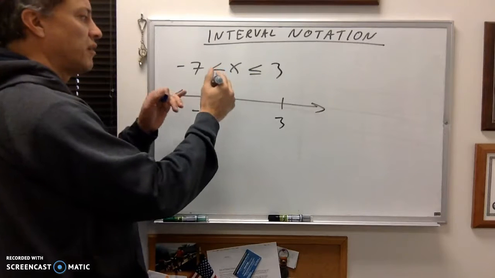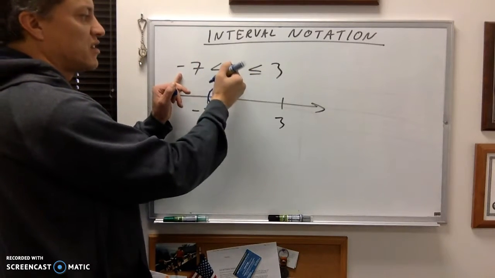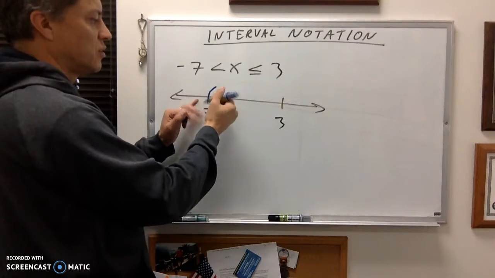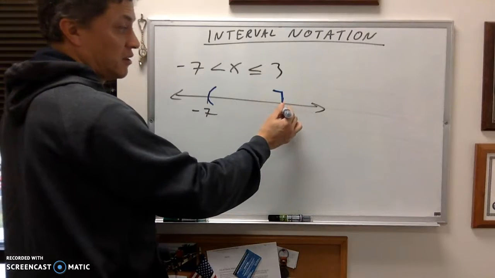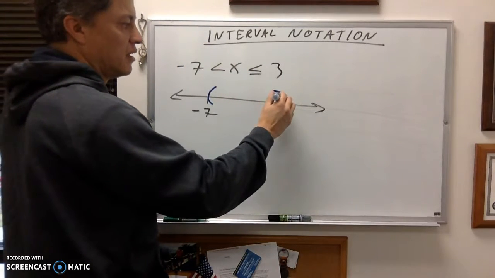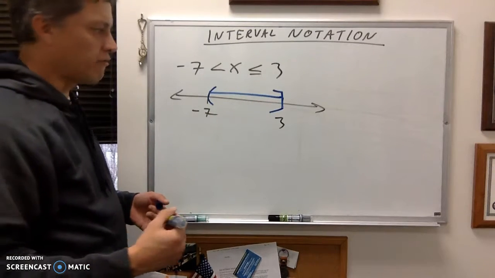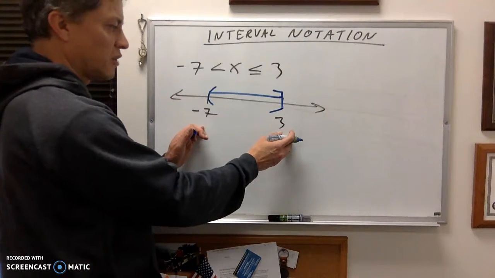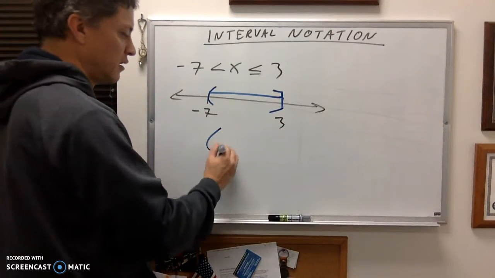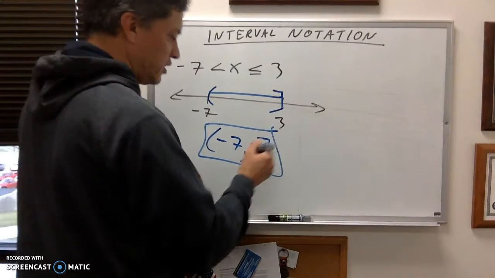The -7 is less than my x values, so everything to the right of -7, but everything to the left of the 3, including the 3. So that's how I would write this in a graph format. Okay, it's the interval of answers between -7 and 3, including the 3, excluding the -7. So your answer is right there. Interval notation.